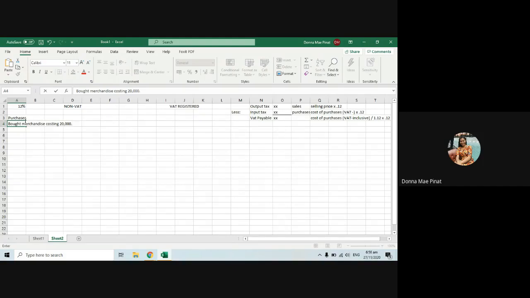This 20,000 is exclusive of VAT. So how will we record our purchases? If there is no VAT, it's non-VAT, of course we record it as purchases, 20,000. Then cash, if paid in cash. Accounts payable if on credit.